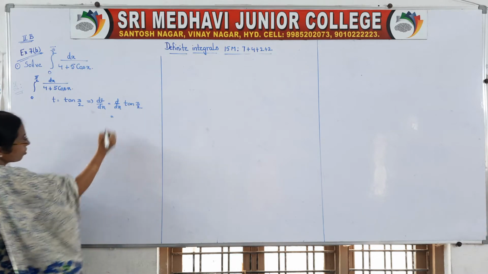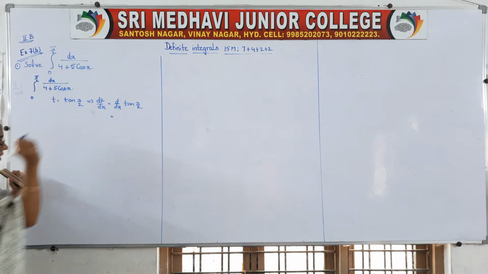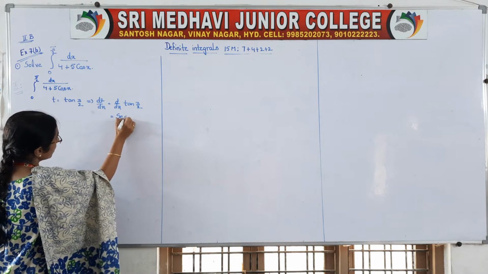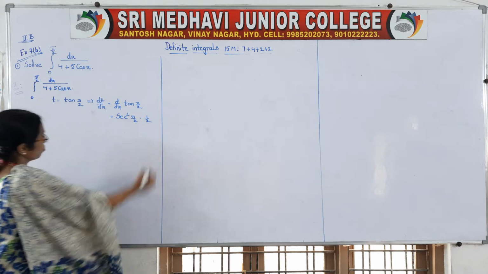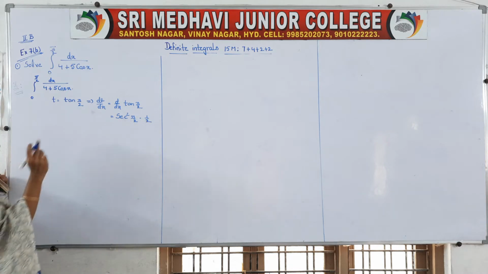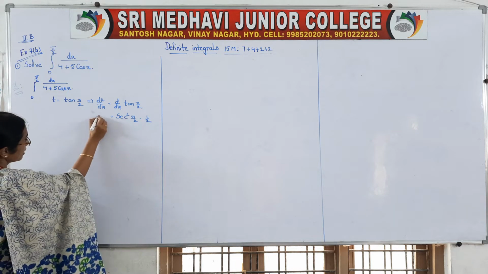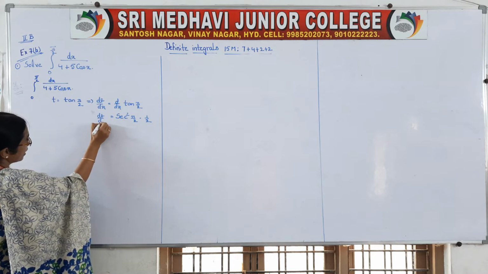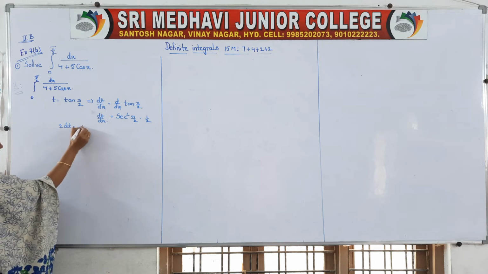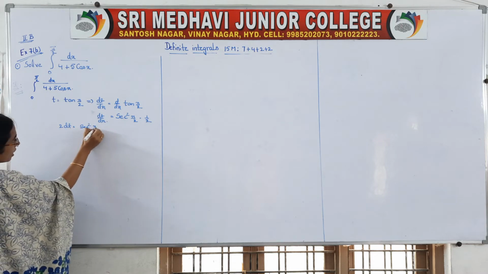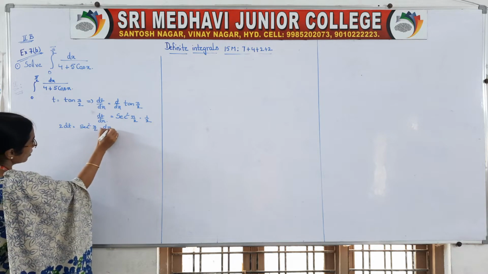What is the value of d by dx of tan x by 2? It is secant square x by 2 into 1 by 2. This is your dt by dx, so send the 2 to this side: 2 dt is equal to secant square x by 2 into dx.